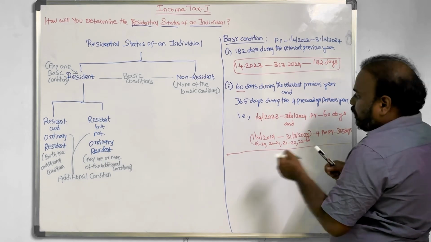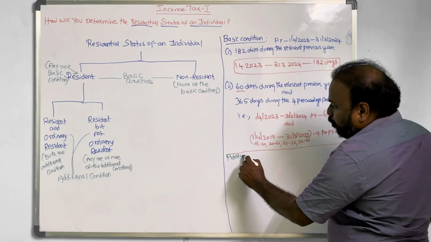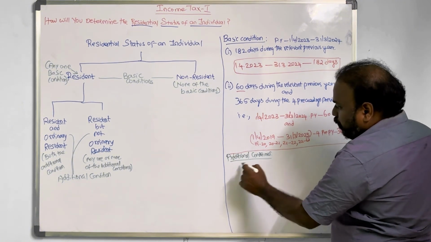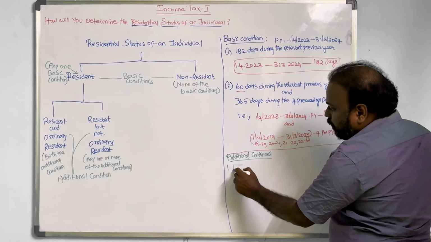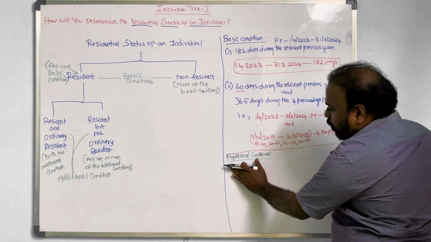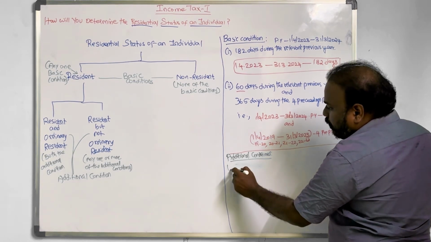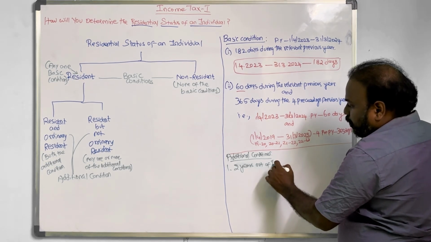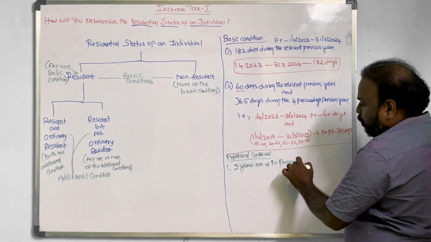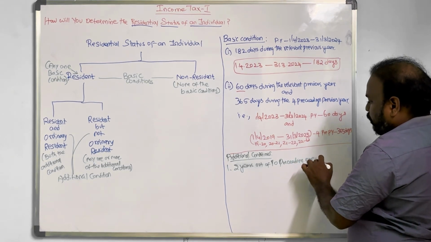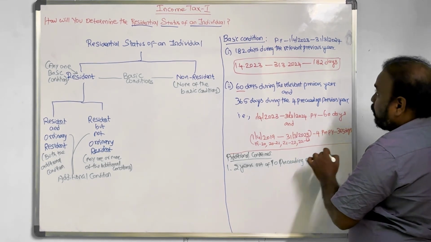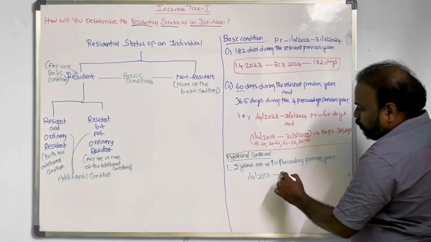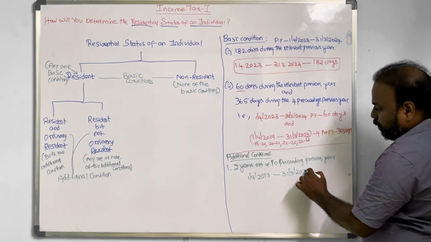The additional conditions are as follows. First one: 2 years out of 10 preceding previous years, that is from 1/4/2013 to 31/3/2023.